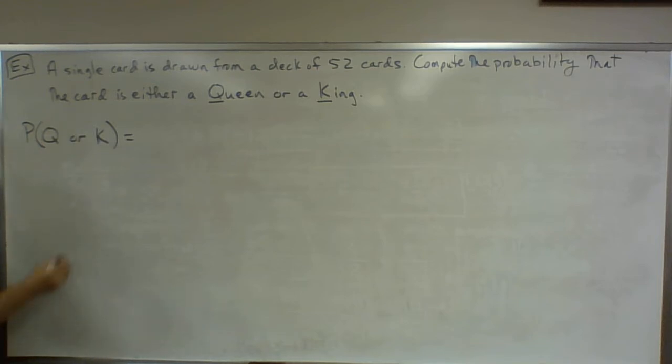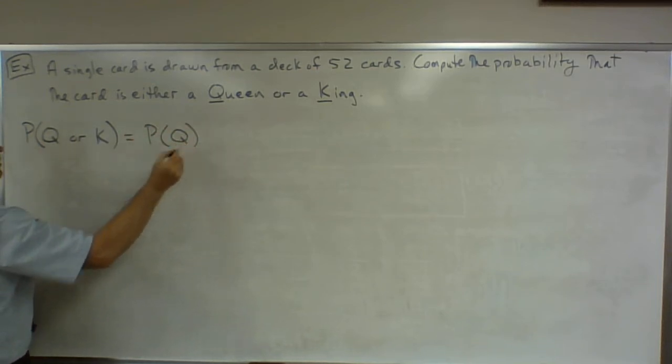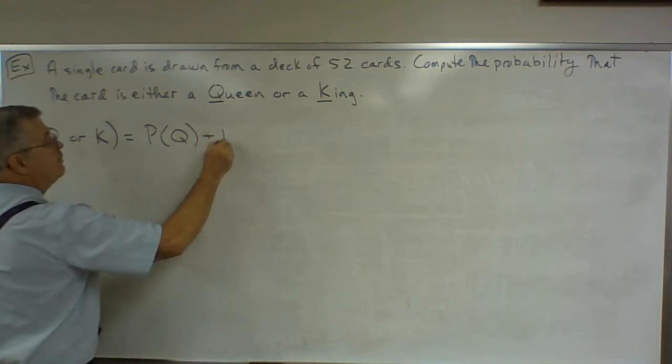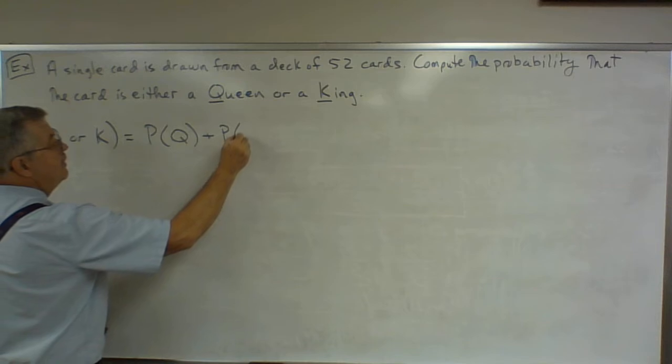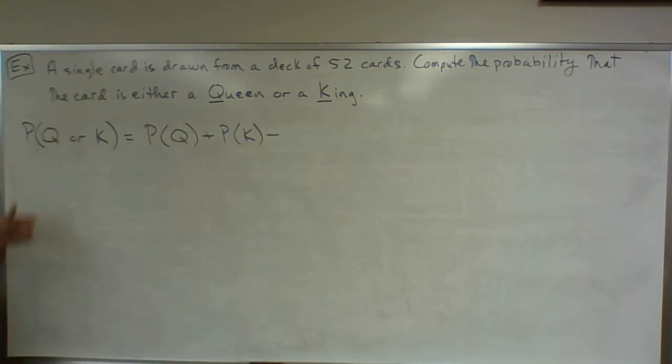And that's going to be the probability that the card is a queen plus the probability that the card is a king minus the probability that it's both a queen and a king.